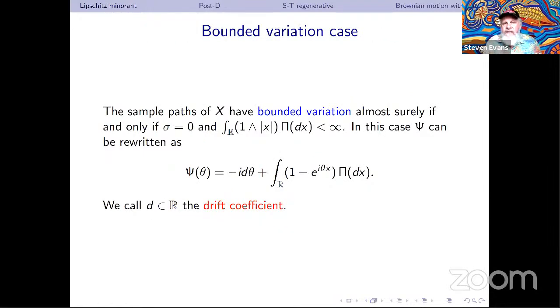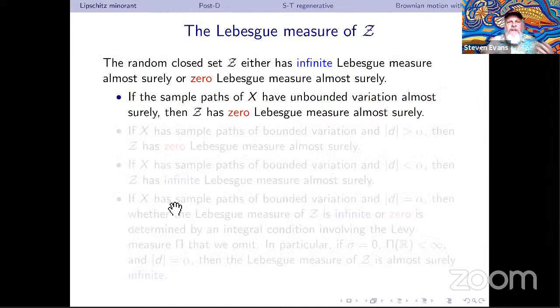And if the paths of our Lévy process X have bounded variation, then that happens if and only if, of course, the Brownian term is 0, and we have this integrability condition on the Lévy measure. And in that case, the Lévy-Khintchine exponent can be rewritten like this, where we call D the drift coefficient.